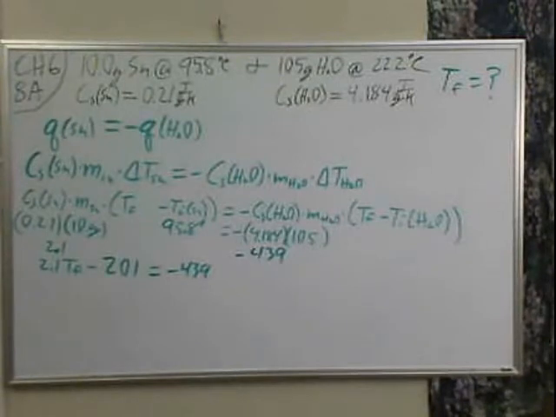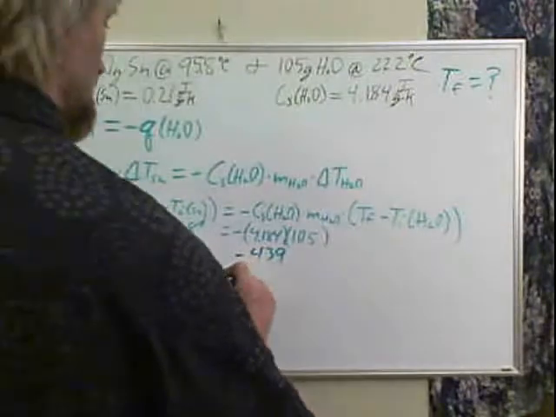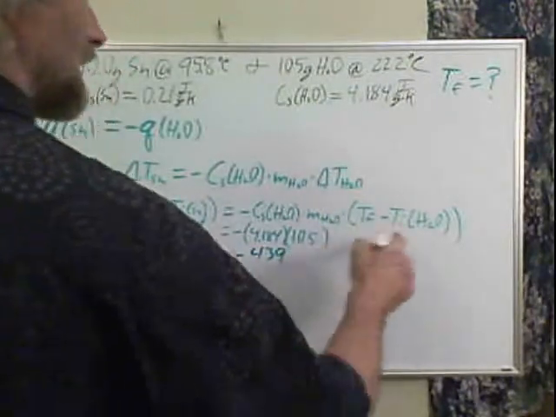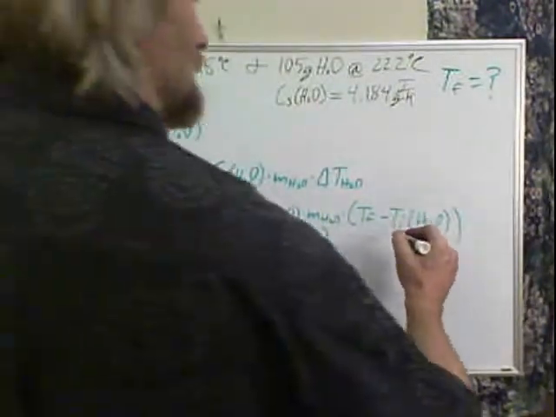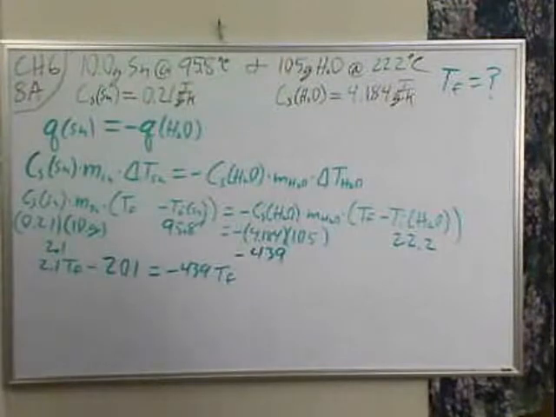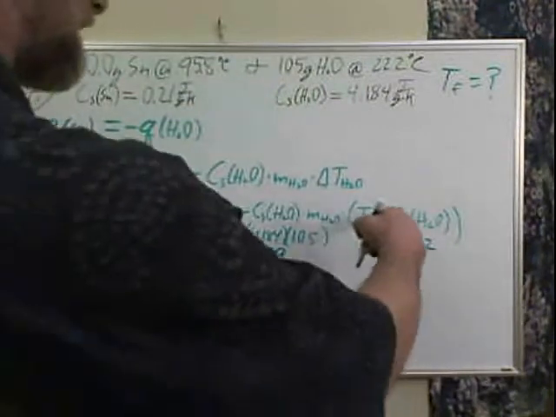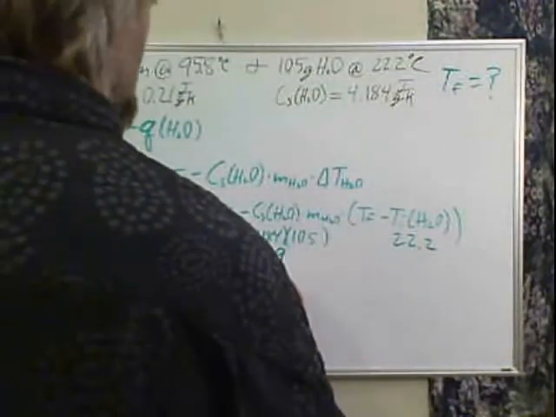So we continue working through the numbers. We got minus 439 times the TF, the initial temperature of water. We multiply the 439 by that. That would be negative times negative, so that would be positive.